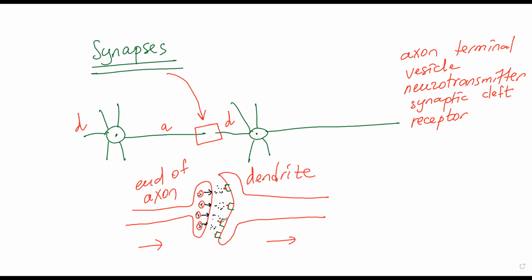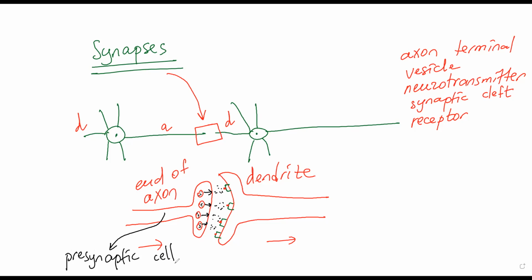Also there are two terms that I forgot to give you. This cell is known as the pre-synaptic cell. Pre means before, maybe you heard about pre. The pre-synaptic cell is coming earlier.